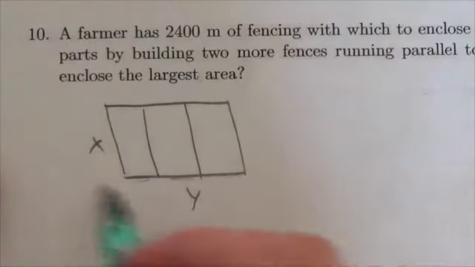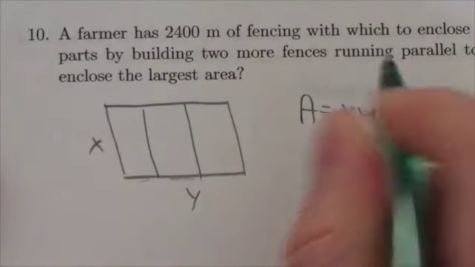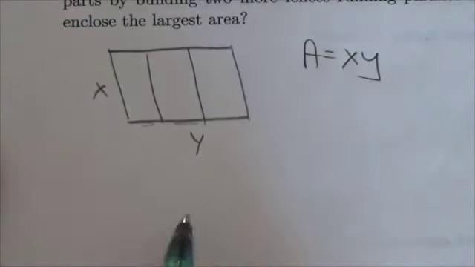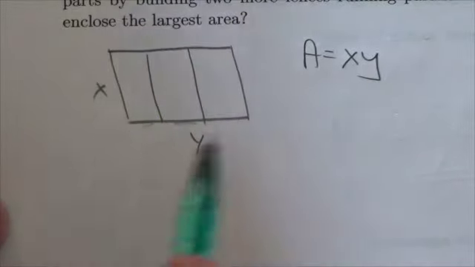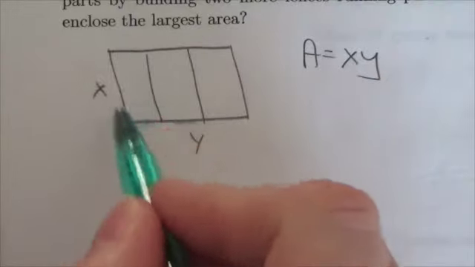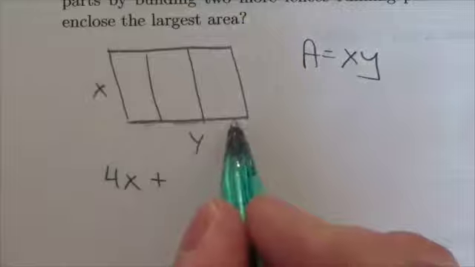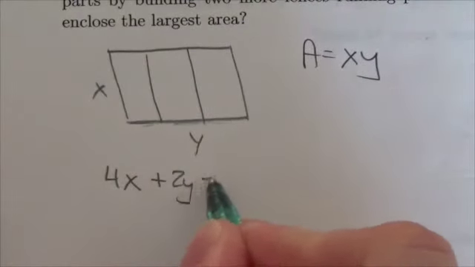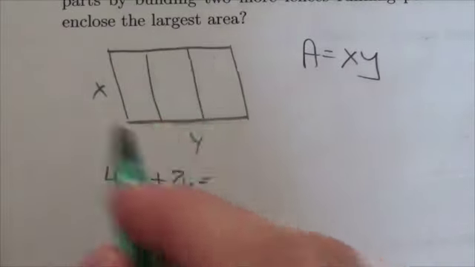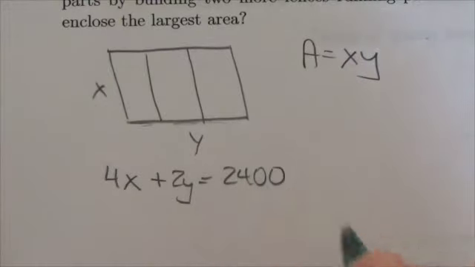What dimensions would enclose the largest area? Okay, so area here is going to end up being X times Y. Now let's think about the relationship between X and Y. Well, we've got 1, 2, 3, 4 X's, and the way I'm writing it, 2 Y's, and this has got to be an expression for the entire perimeter, which will be the 2,400 meters of fencing that the farmer has.